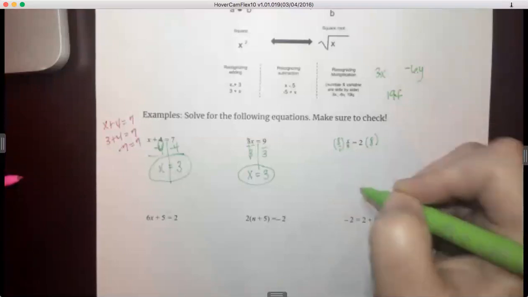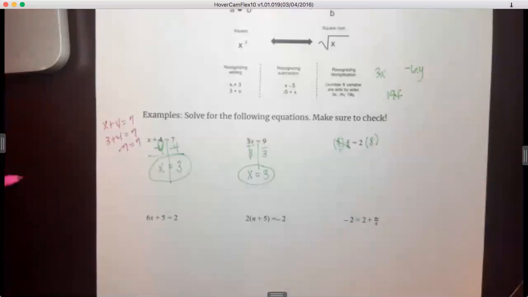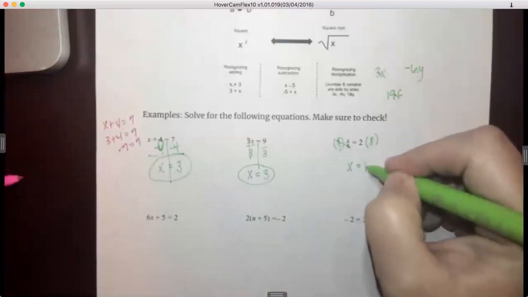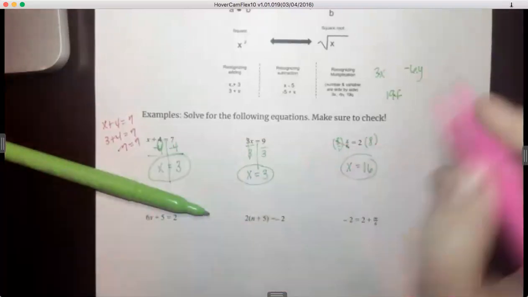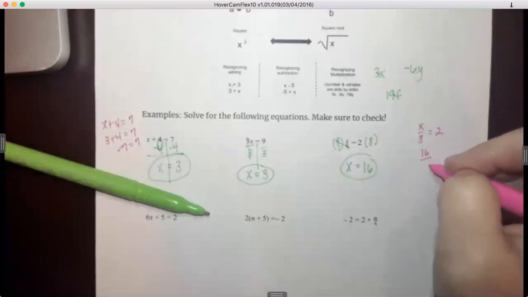Now this is like 8 over 1, which means that it goes away and x divided by 1 is just x. 2 times 8, 16. Now, if I wanted to check this, I could do x divided by 8 is 2. I could plug in what I got for x, and I could check it.